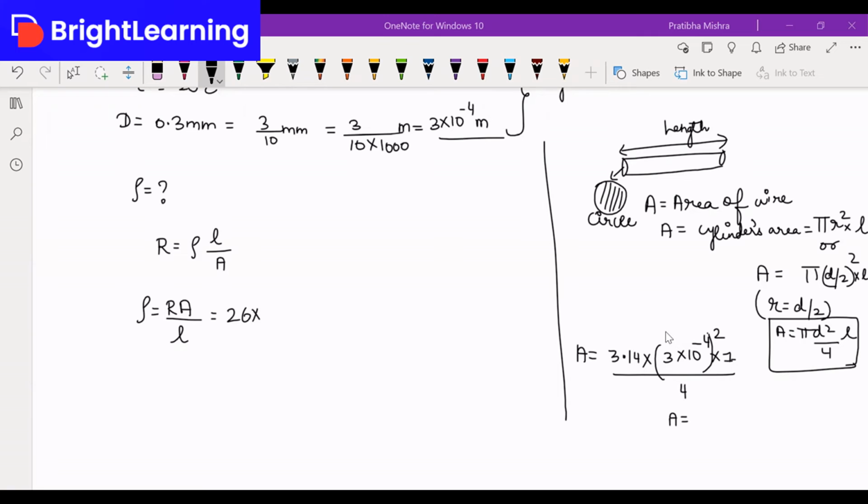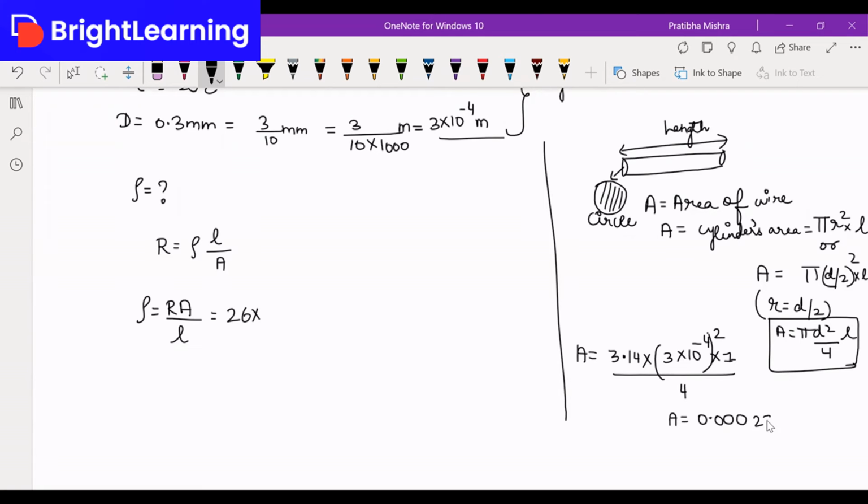So it will be nothing but 0.0003. Now that is 0.00942 divided by 4. You will get a value. Multiply it.